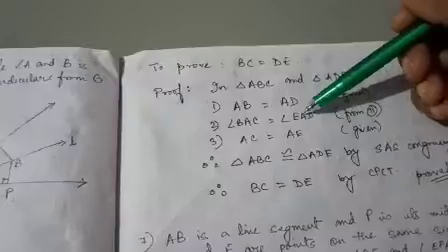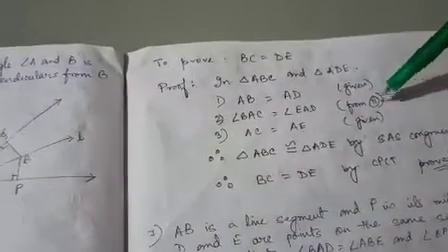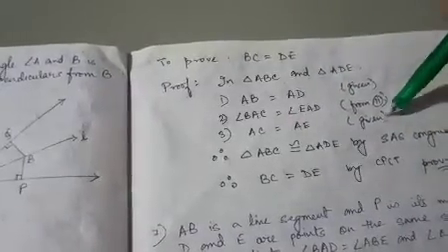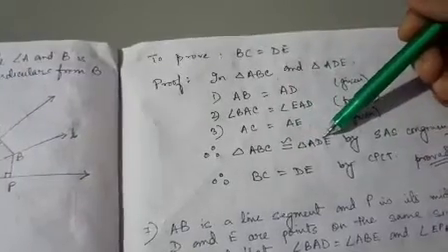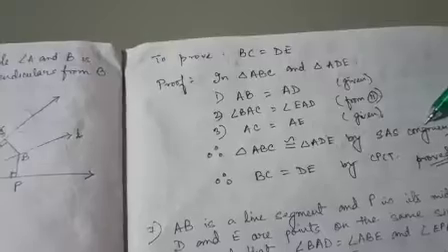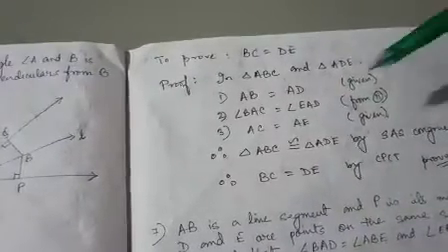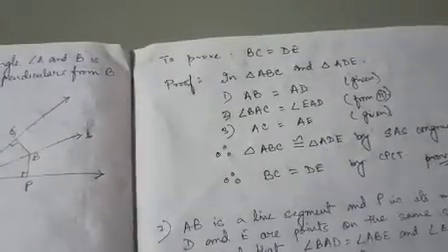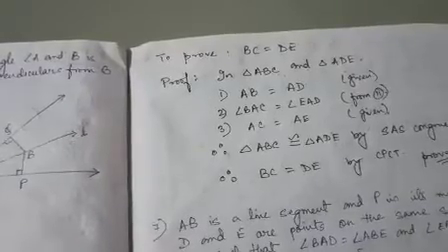Angle BAC is equal to angle EAD, that we have found from equation 2. And AC is equal to AE, that is also provided in the question. So triangle ABC is congruent to triangle ADE by the angle-side congruency rule. Since these two triangles are congruent, we can say BC is equal to DE by CPCT, corresponding parts of congruent triangles.